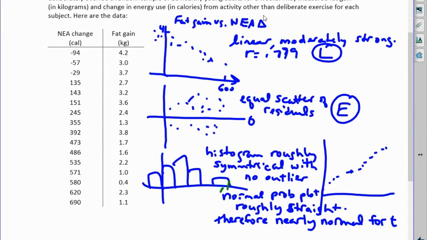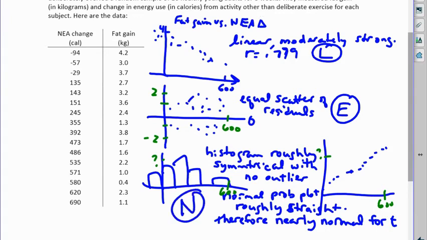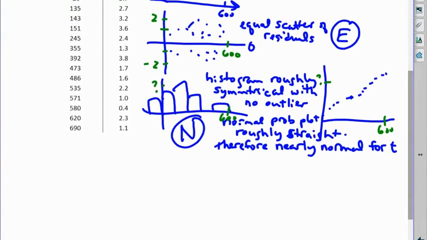And then, of course, we need to have independence as well as randomness, just adding some scales to these things. Randomness was given in the problem.